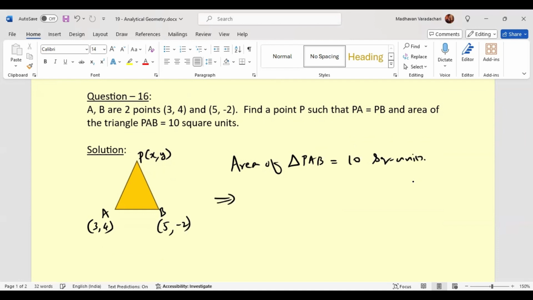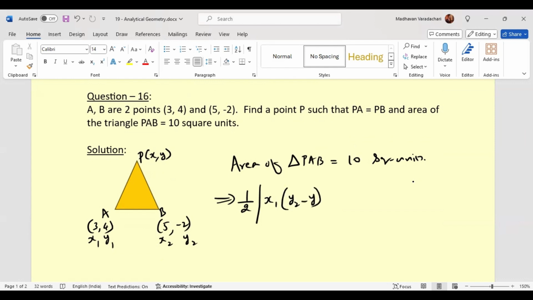which means half times modulus of x1. So let us consider this as x1, y1, x2, y2. Okay, so now modulus of x1 times y2 minus y.